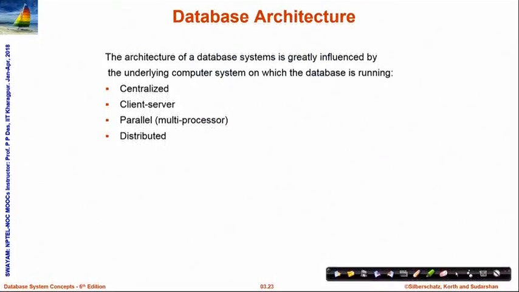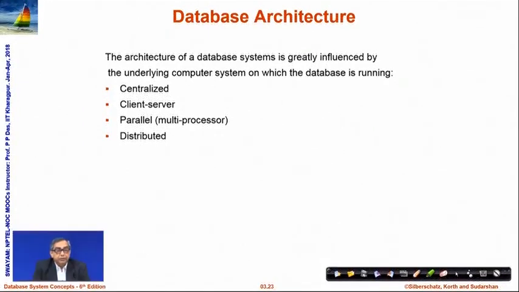The actual architecture may again vary based on the computer system that you are using. It could be centralized. We will talk about some of these in later modules. Centralized in the sense that there could be one database server, or a group of database servers at some physical location connected together, to which all applications and all users will connect.